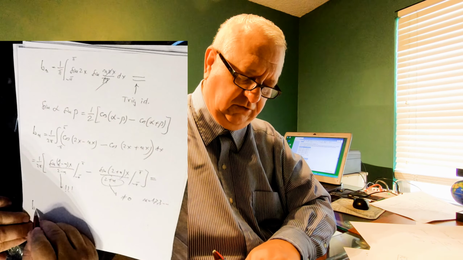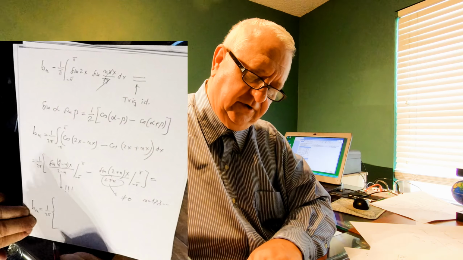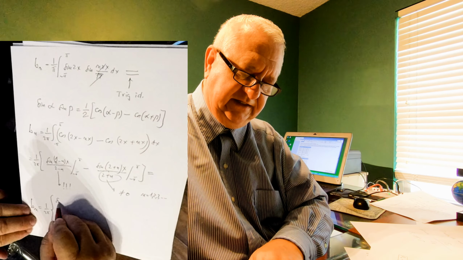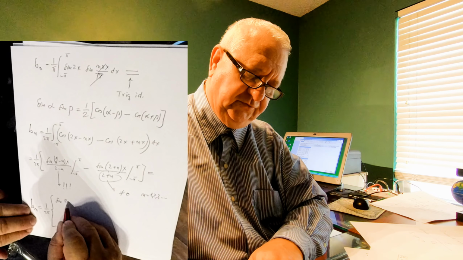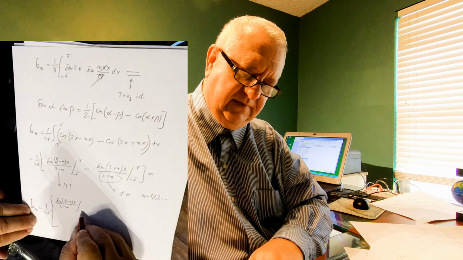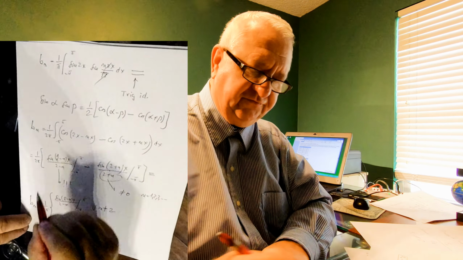So I'm going to expand this in cases. That's the procedure always. So b_n is 1 over 2 pi, cases, curly bracket. In the situation where the denominator is never 0, it's sine of (2 minus n)x over 2 minus n between minus pi and pi, if n is not 2. And if n is 2, I have to start from the very beginning.